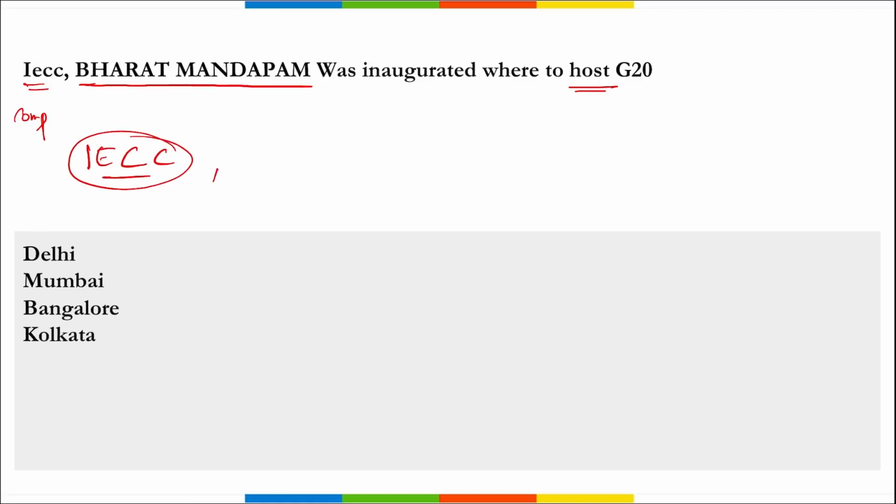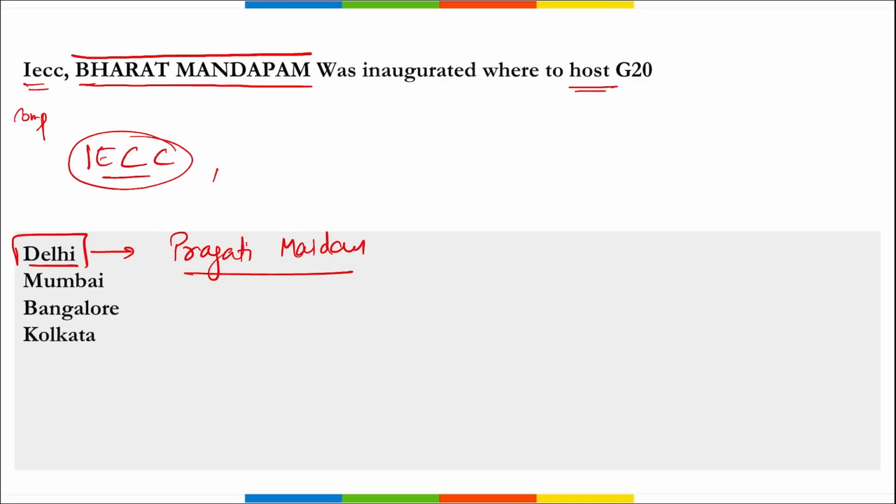This complex, Bharat Mandapam, was inaugurated in Delhi, and that too at Pragati Maidan, right? And here the G20 meeting will be hosted, correct? Apart from that, a G20 coin and a G20 stamp were also inaugurated during this event, correct?